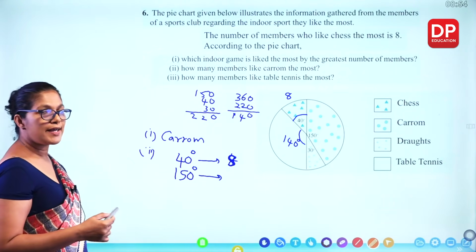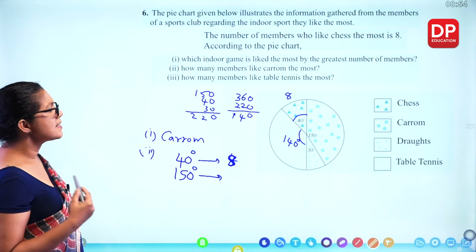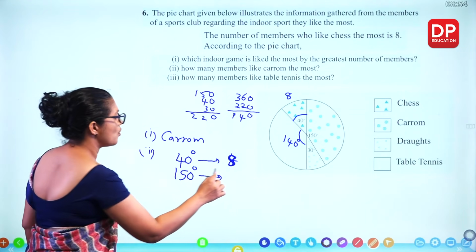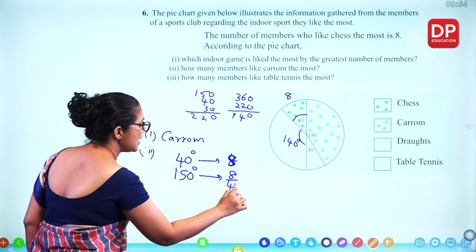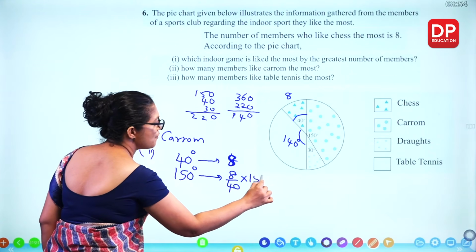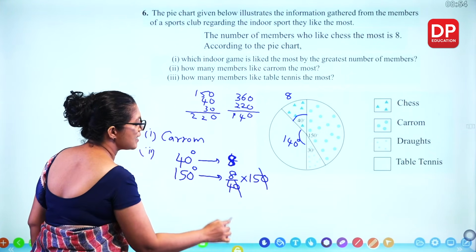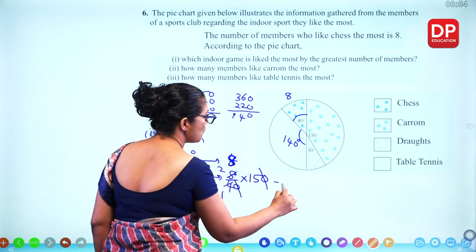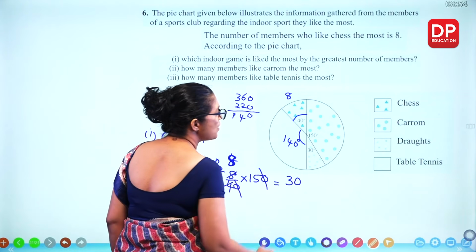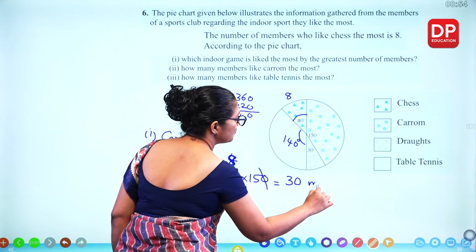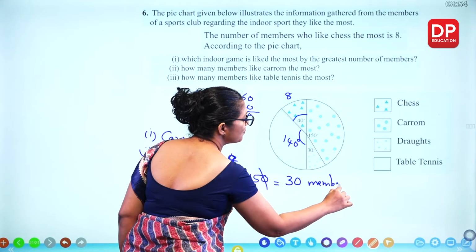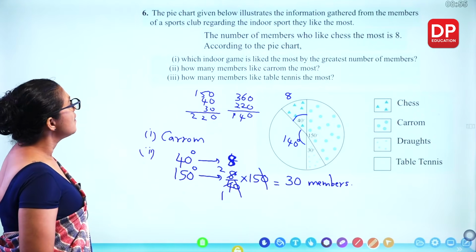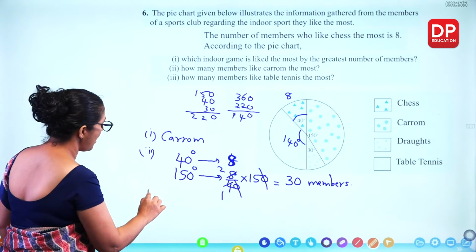So we can find out how many members are there for carom. So 8 divided by 40 multiplied by 150. The 0s get cancelled out. 4 times 1, 4 times 2, 2 times 15. You get 30 members who like carom the most.